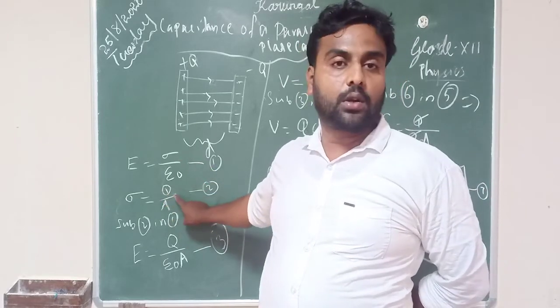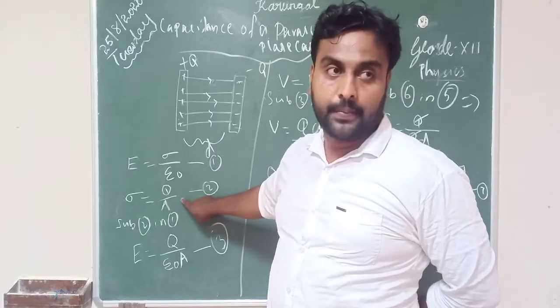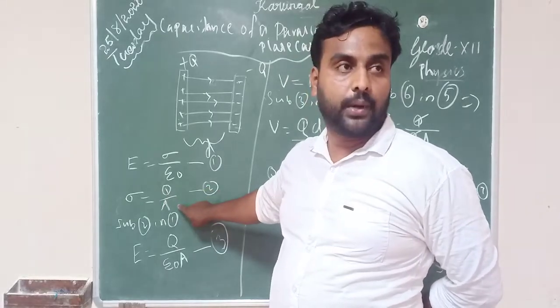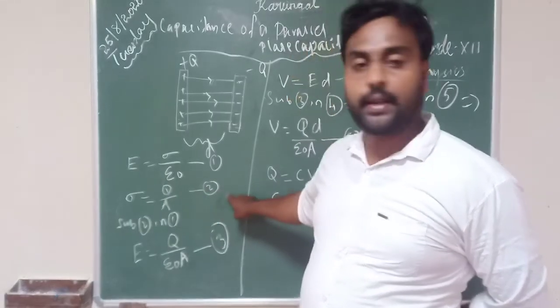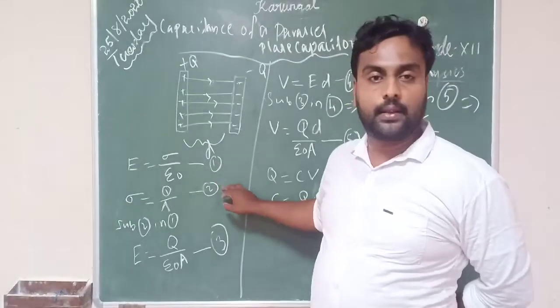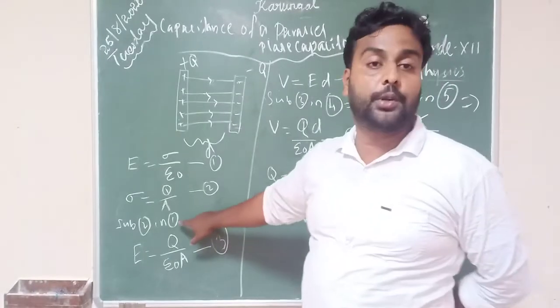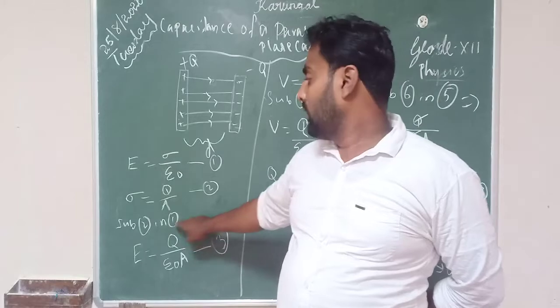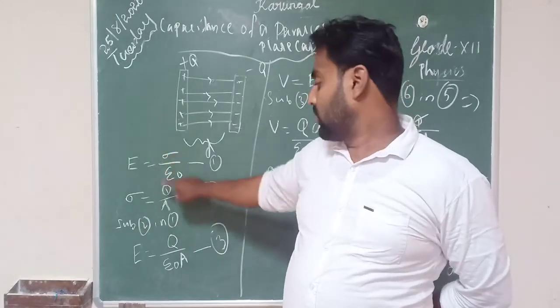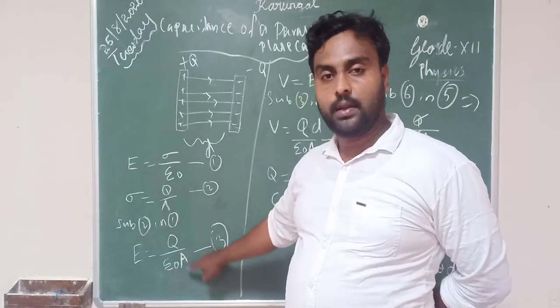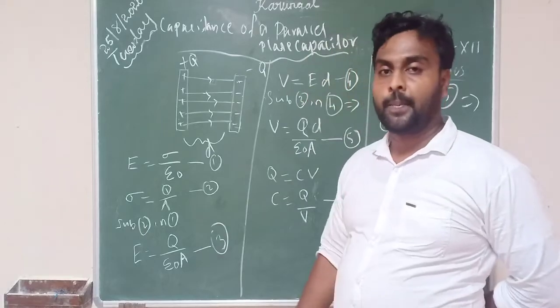Sigma is equal to Q by A, charge per unit area. Take this as equation 1 and this one as equation 2. Substitute equation 2 in 1. So E is equal to Q by epsilon 0 A.